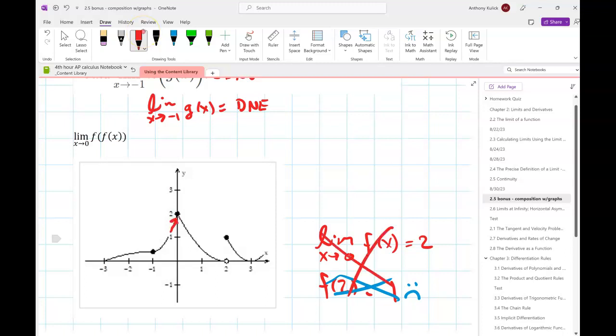When I look at the limit as x approaches 0 of f of x, I'm approaching 2, but it's always approaching 2 from below, right? It's always coming from a value smaller than 2 leading into 2. So this limit should be the same as the limit as x approaches 2 from below, or from the left, of f of x.